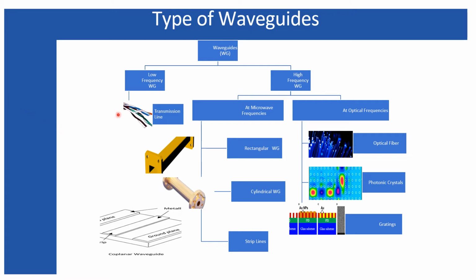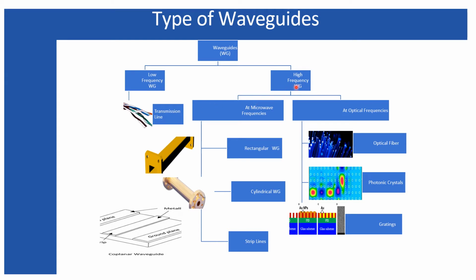They are called low frequency waveguides because we know from our previous analysis of skin depth that for high frequencies the conductor appears much more lossy for high frequency signals or high frequency electromagnetic waves. Therefore, for low frequency signals we generally prefer to use these transmission lines, such as twisted pair cables.